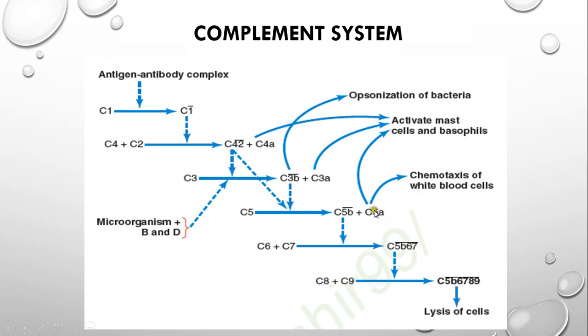C5a, this protein of the complement system, helps in the chemotaxis of white blood cells. What is chemotaxis? It is the process by which the white blood cells are attracted towards the chemical substance which is produced during the inflammation or during the infection.